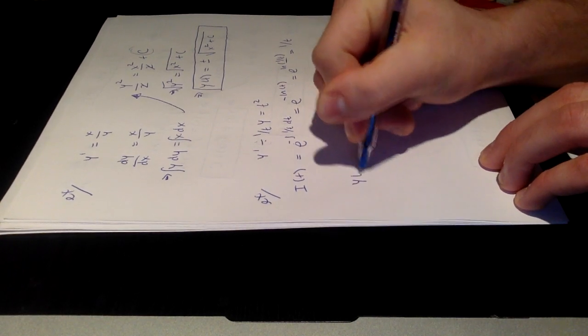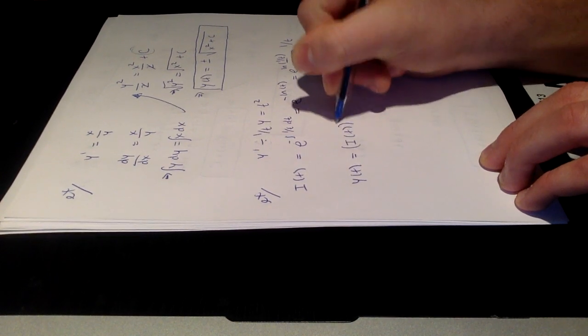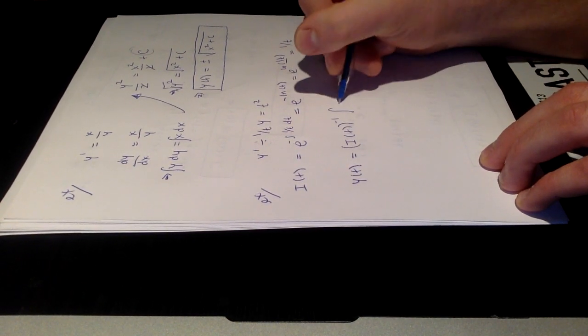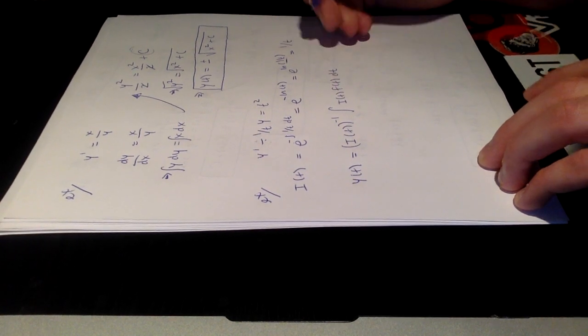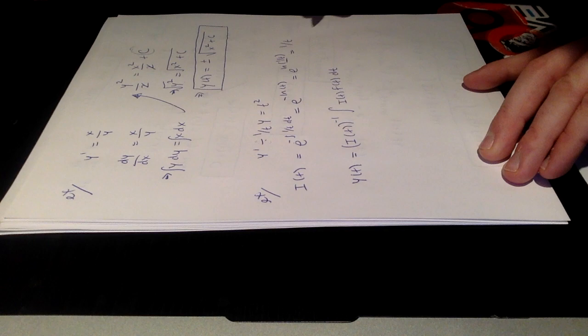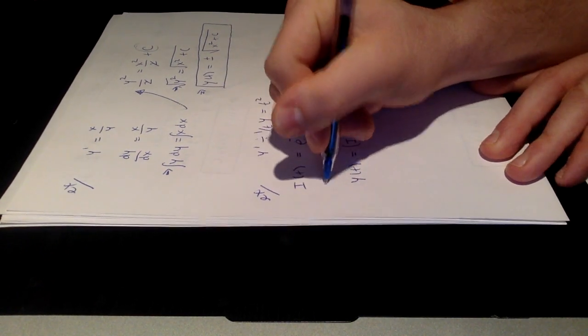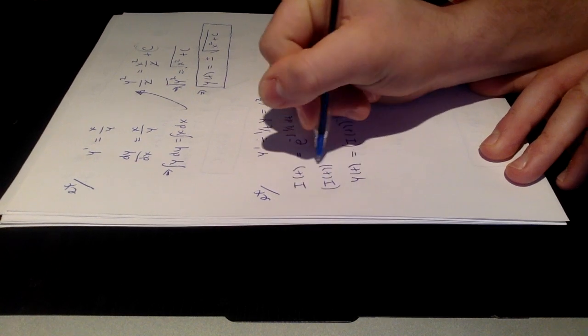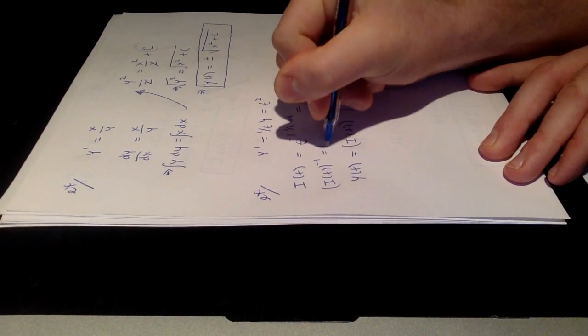So y of t, let's rewrite the formula, is I of t to the minus 1 times the integral of I of t f of t dt. So now let's find what I of t to the minus 1 is. It's just, we do 1 over t, so it's t.